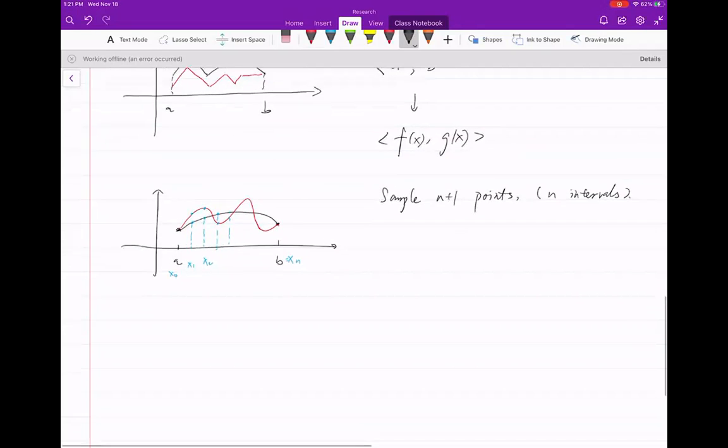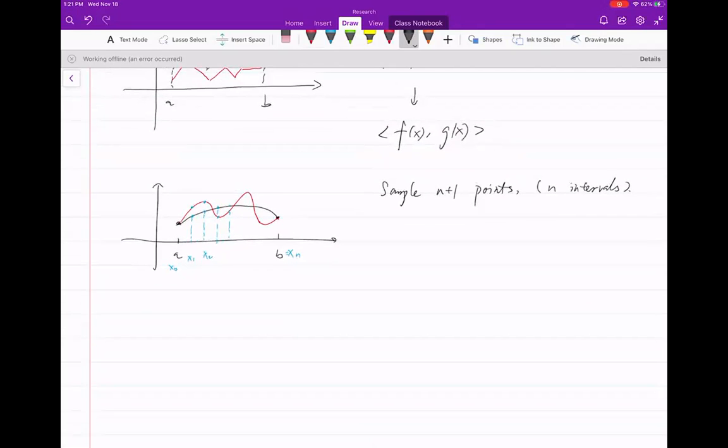Then I do have two vectors: f(x0), f(x1), up to f(xn), and g(x0), up to g(xn). If I sample 4 points, I will have a 4-dimensional vector.